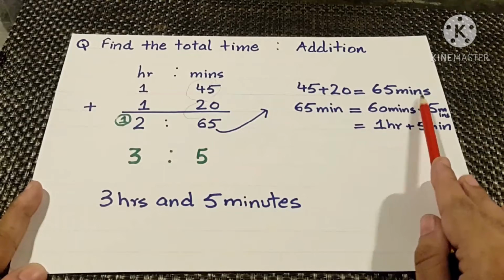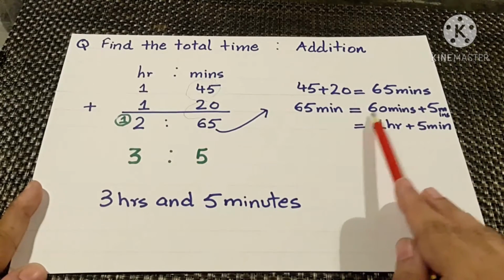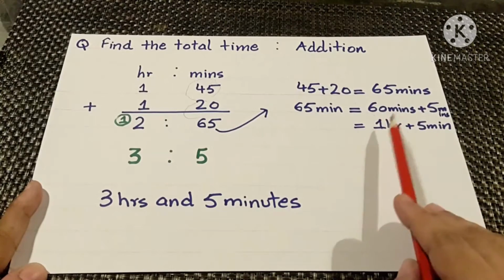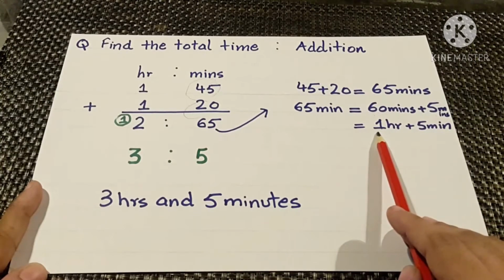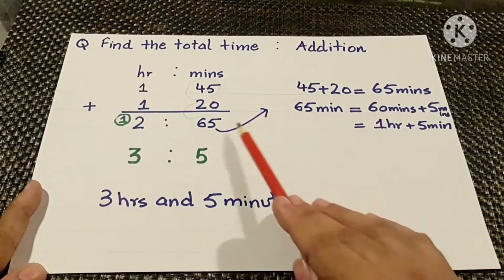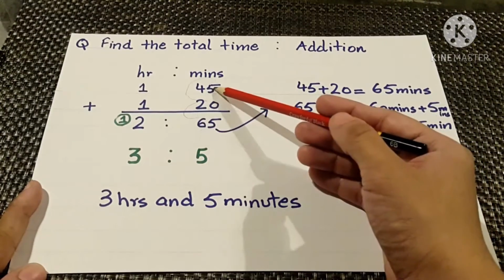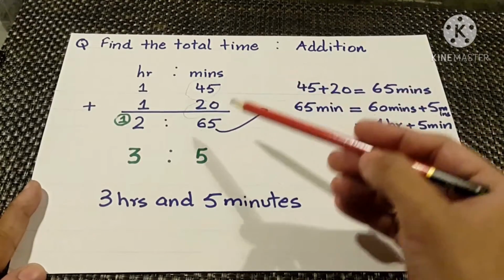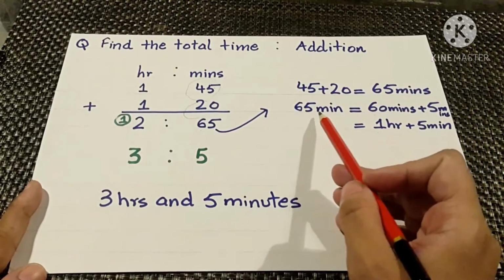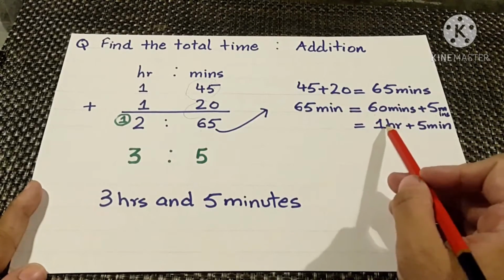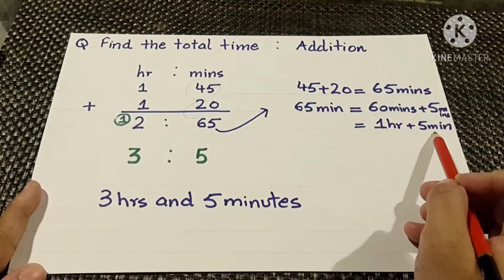Now as we know, 65 minutes is 60 minutes plus 5 minutes, and 60 minutes is 1 hour and 5 minutes is remaining. We get 65 by adding 45 and 20, but when we calculated it, we get that 65 minutes is actually 1 hour and 5 minutes.